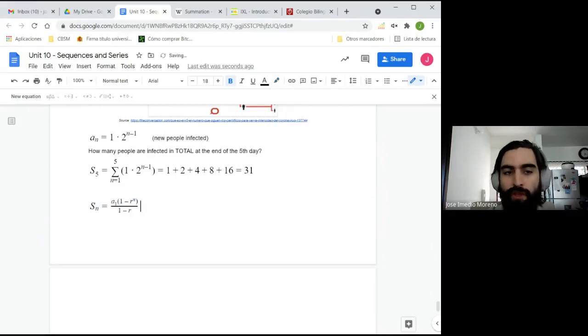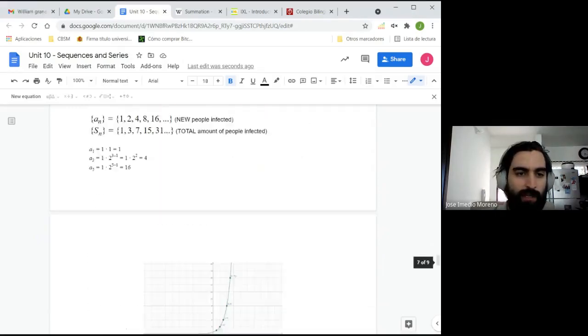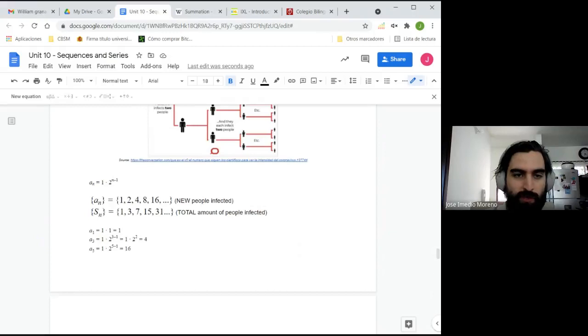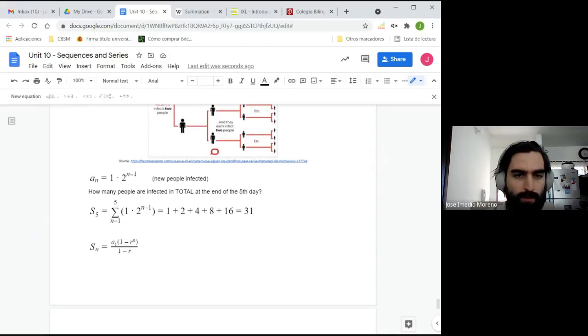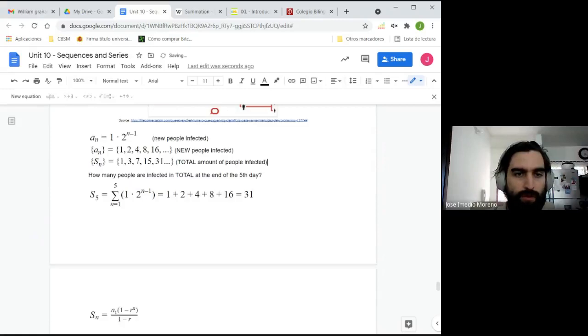So let's compute this again, but using the formula. A sub 1, which was the original, I found this before. This was the sequence, okay? Good.